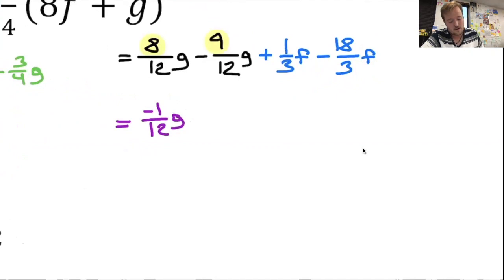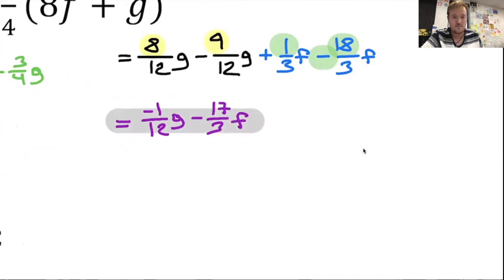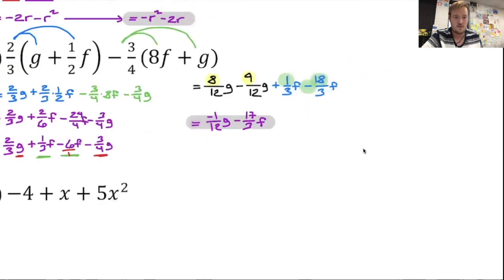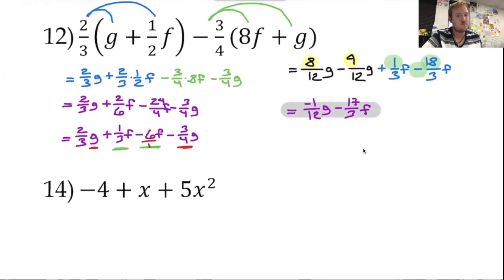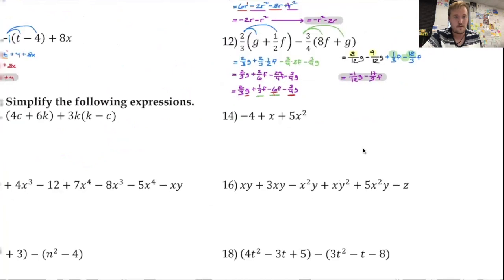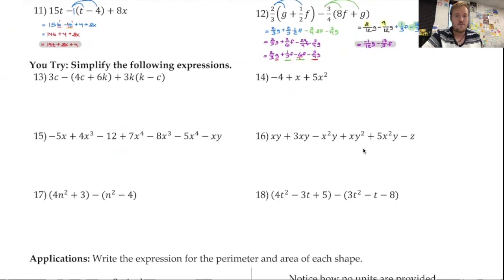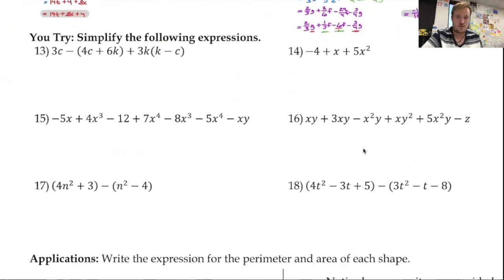And then over here, now we have 1 minus 18, so 1 minus 18 gives you negative 17 over 3f. So this would be our simplified expression here. That one's a lot more involved, but still doable. Okay, I suggest you pause here and actually try these 6 problems on your own.